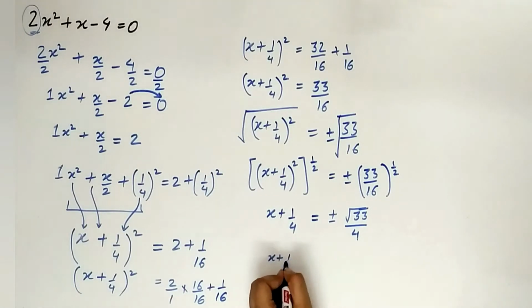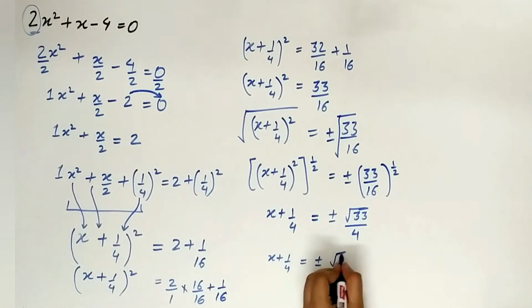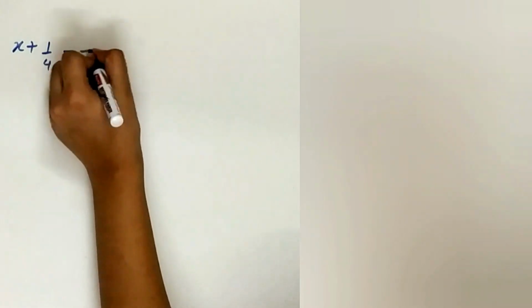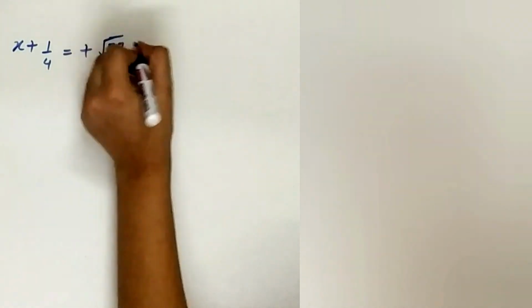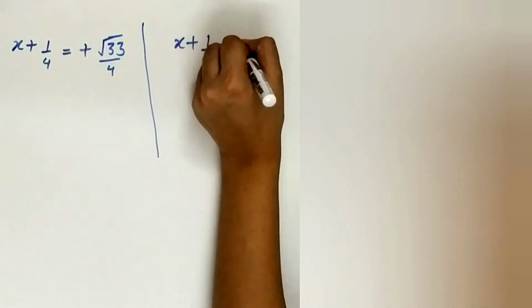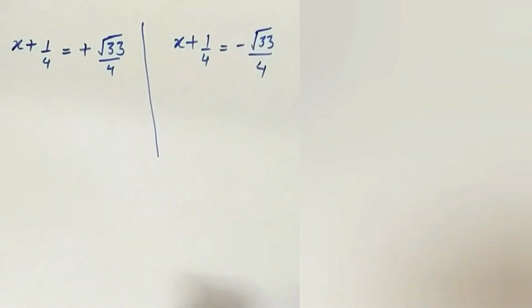So x plus 1 by 4 is equal to plus minus root 33 by 4. x plus 1 by 4 is equal to plus root 33 by 4. x plus 1 by 4 is equal to minus root 33 by 4.